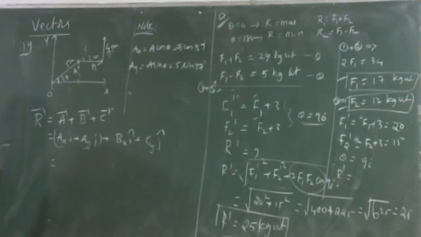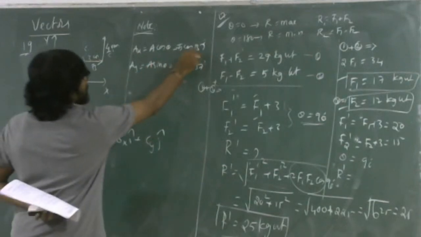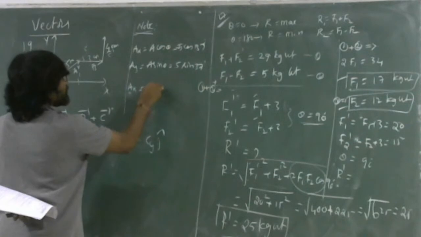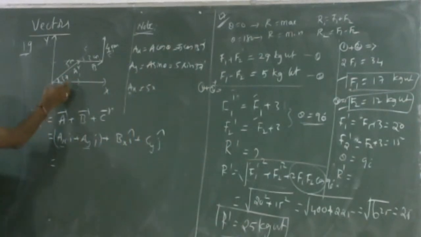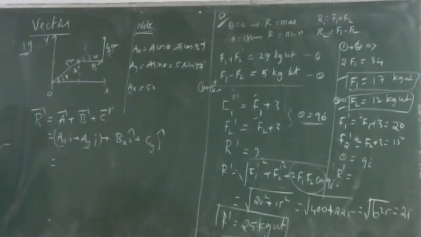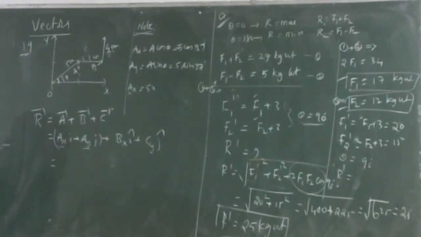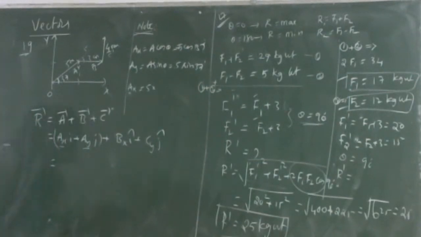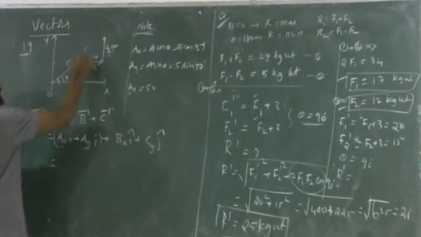Is this step clear? Then we get ax is equal to 5 into cos 37. You should also remember that cos 37, 37 and 53 are standard trigonometric angles I told. You should remember these values. If you don't remember, try to remember this 3, 4, 5 triangle.